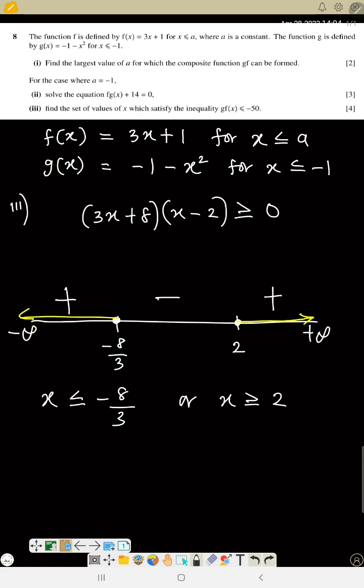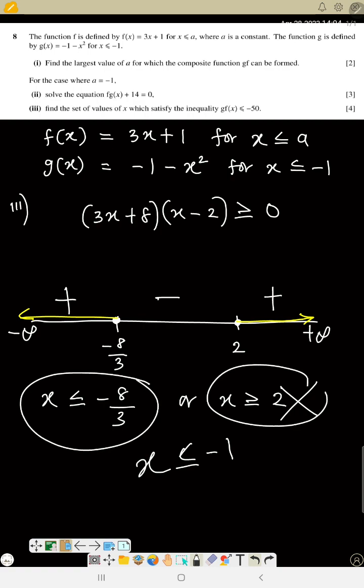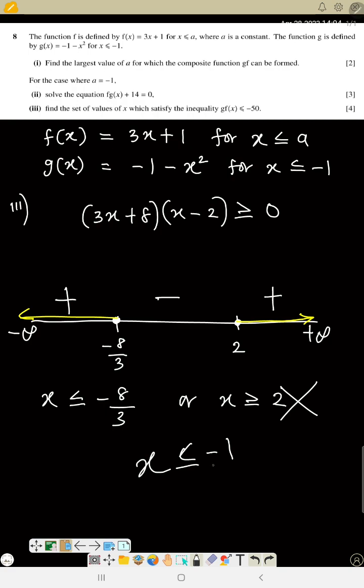But for here now, our answer is minus 8 over 3. I will ignore the other one because the restriction is s is less than or equal to minus 1. So ignore the positive. The answer is s is less than or equal to minus 8 over 3. So that is the final answer in that question.